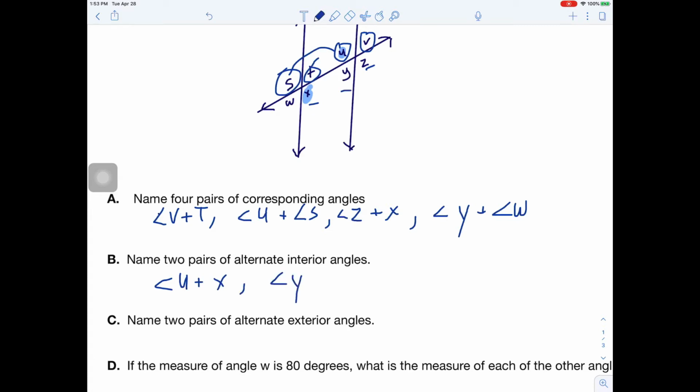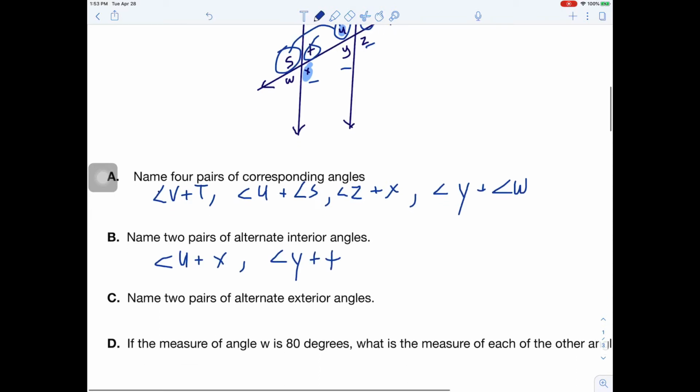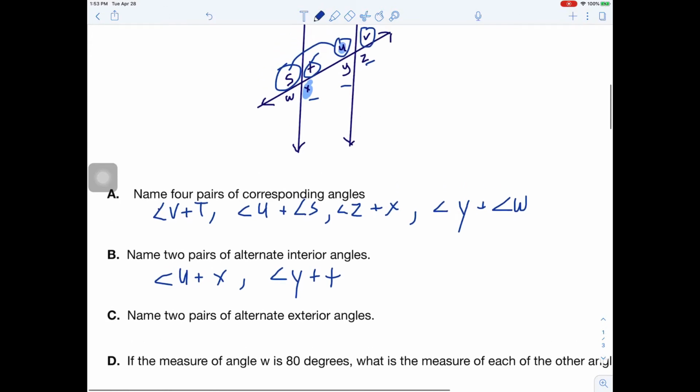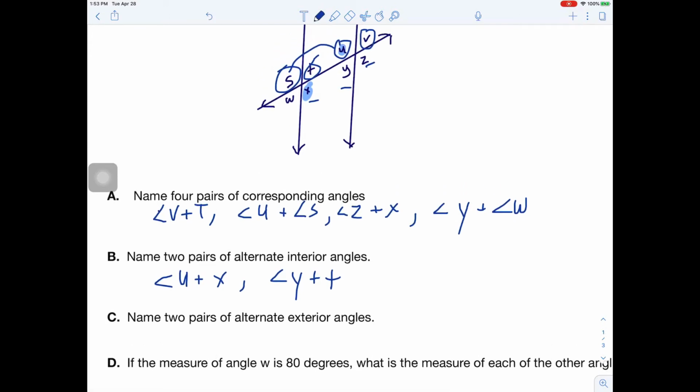That'd be Y and T. Next, 2 pairs of alternate angles that are exterior. So we have V and W, and we have angle Z and angle S. So that takes care of all of our exterior angles.